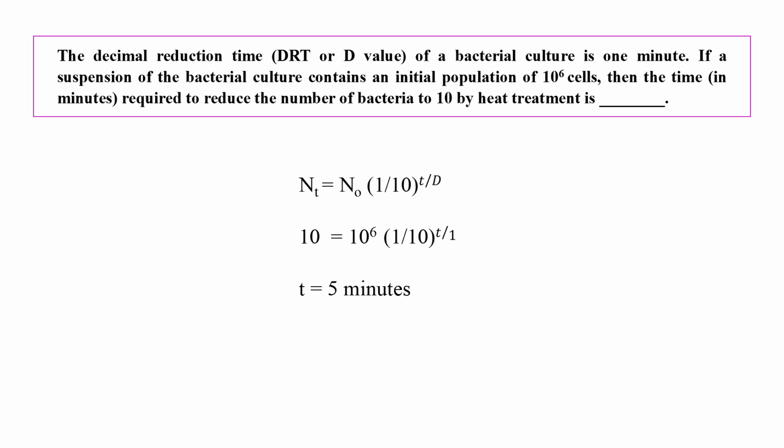Here NT is equal to N0 into 1 by 10 to the power T by D. NT is the population at time t, that is 10. N0 is the initial population, that is 10 to the power 6. D is the decimal reduction time, that is 1 minute. And T is the time we need to calculate, or the time that is required to reduce this number by 10. So T comes out to be 5. The answer is 5.